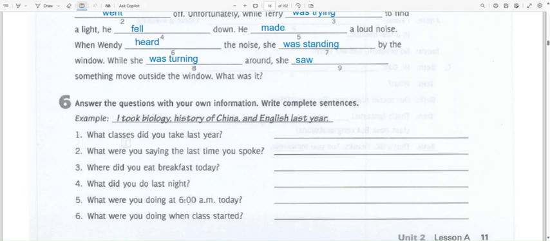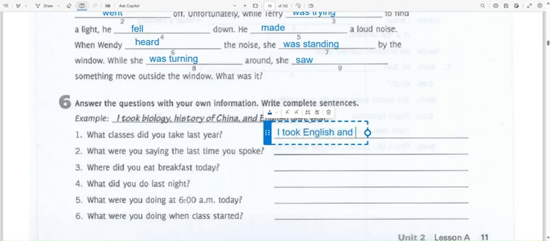Let's see. What classes did you take last year? I took English and Math class. See, the question is asked in simple past tense, so the answer should also be written in simple past tense.